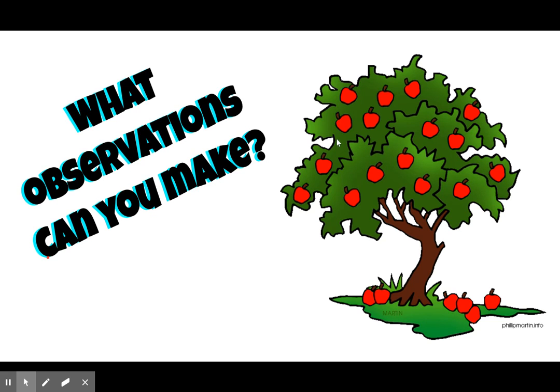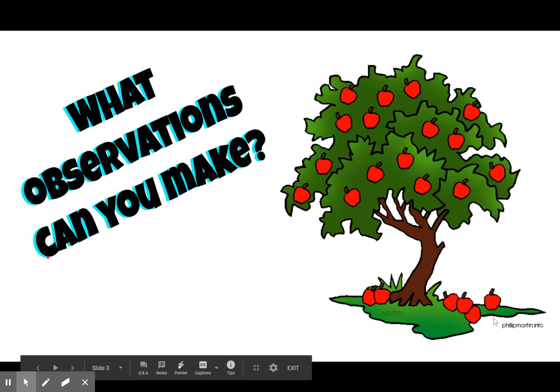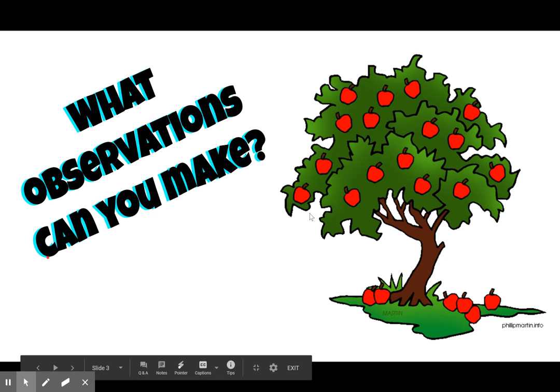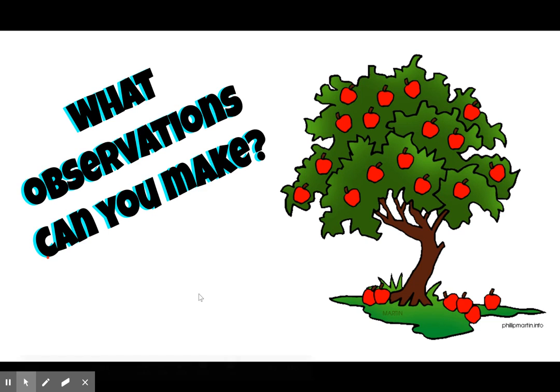You could count the number of apples that are on the tree and on the ground. That's one observation. Another observation could be the colors. Think about any other observations you can find. Maybe you're counting the number of branches.